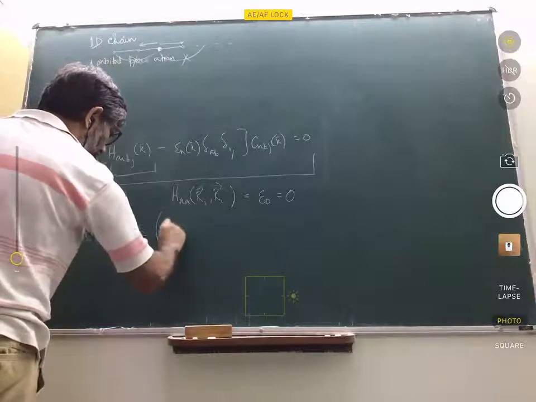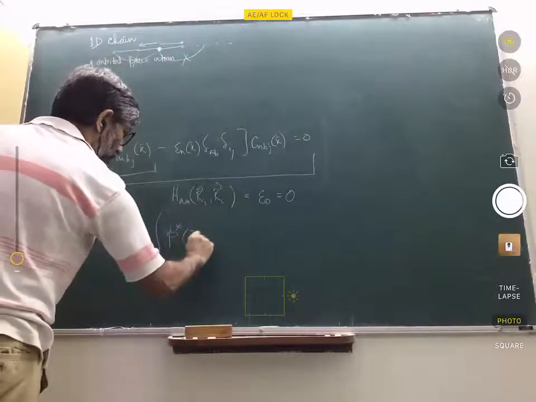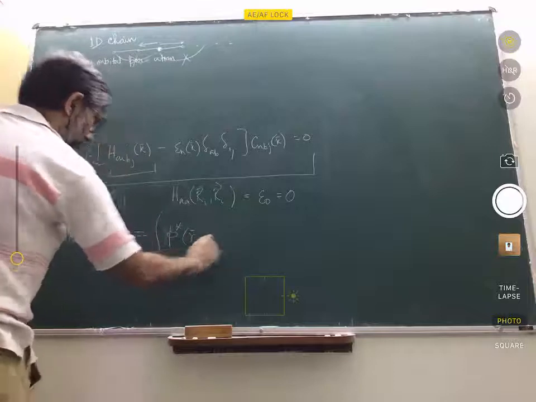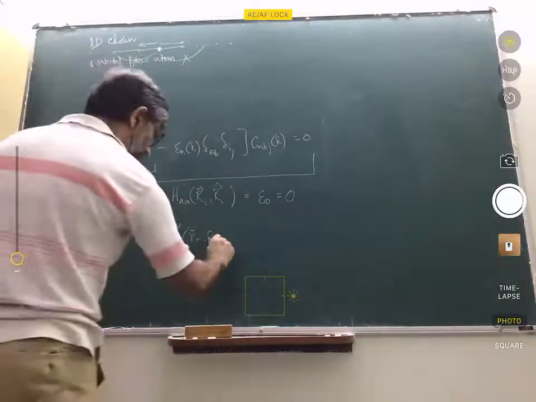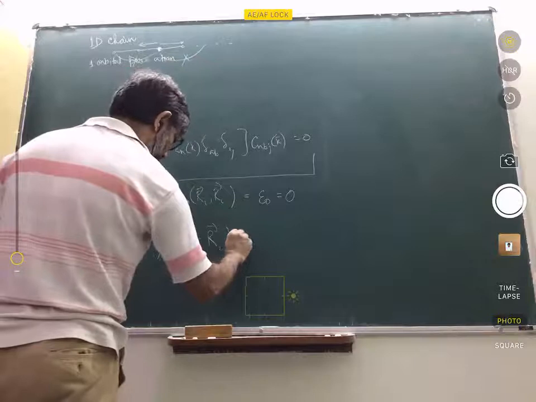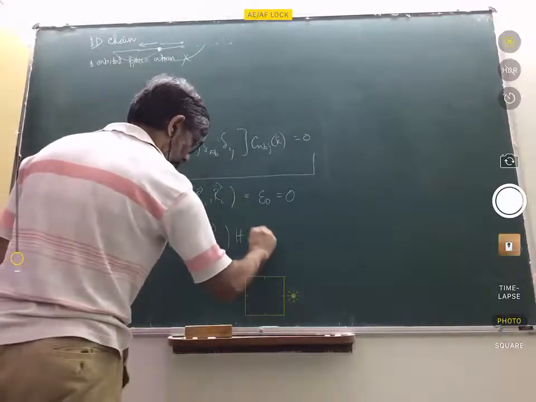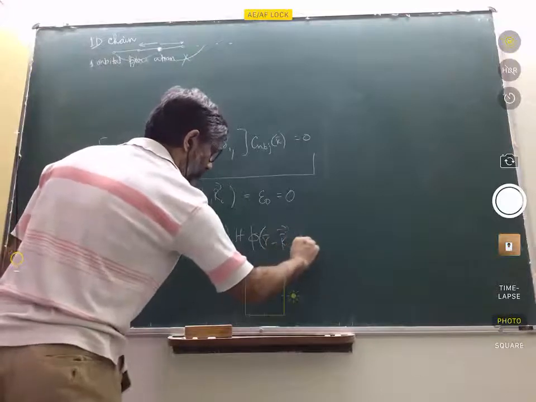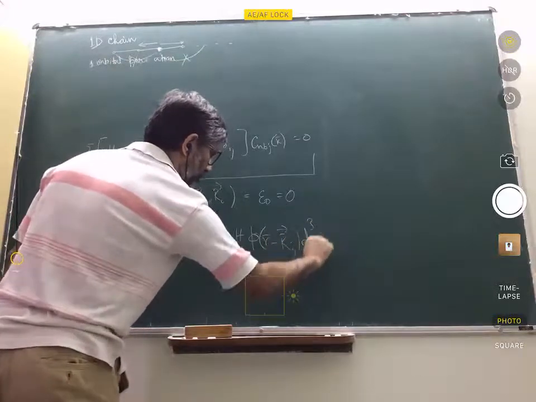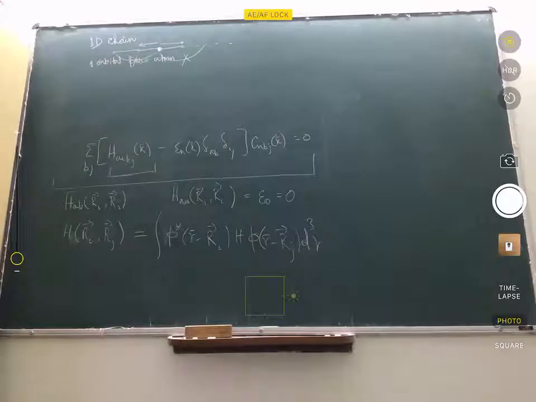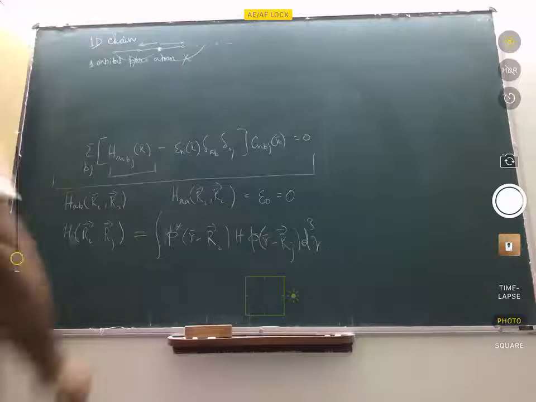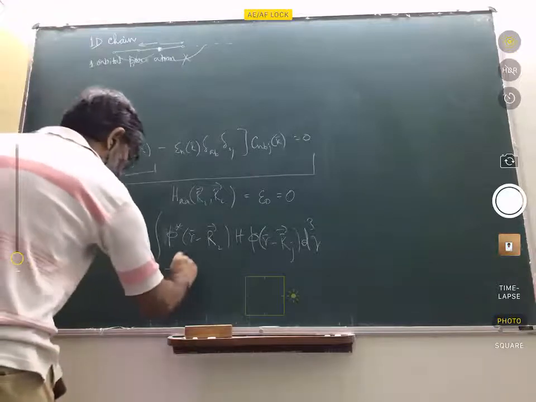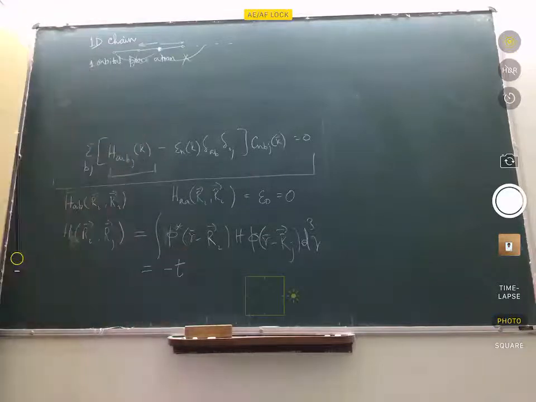So phi minus R_i, this is some integral, and it will be the same integral whichever pair of neighbors you take. So let us call that some number which is minus t.